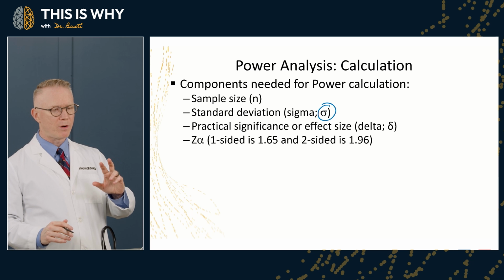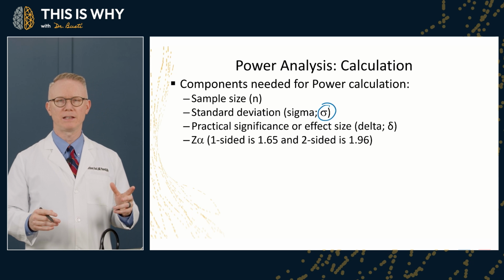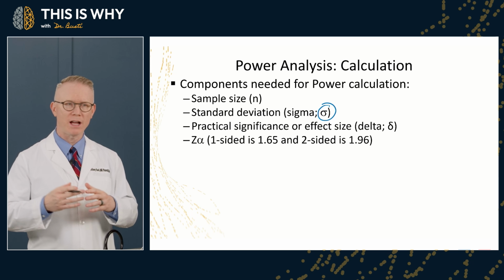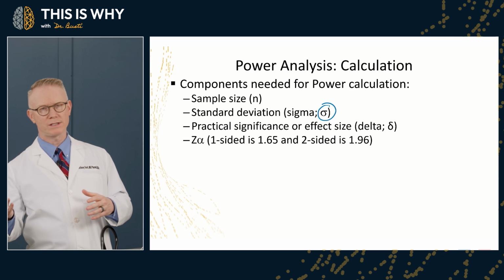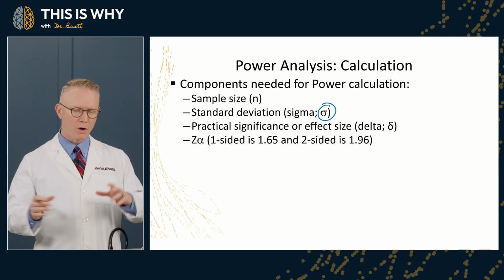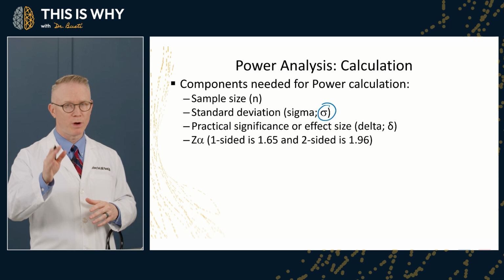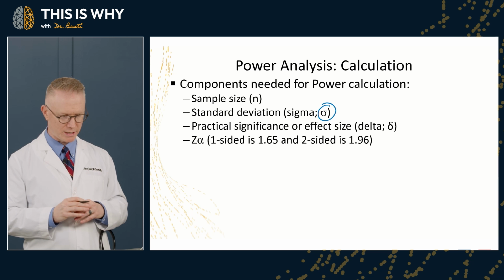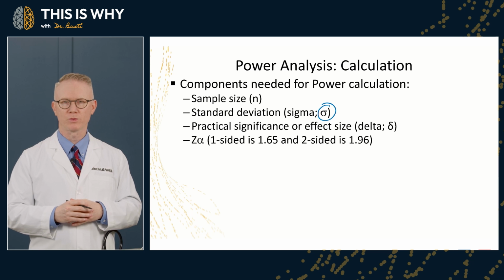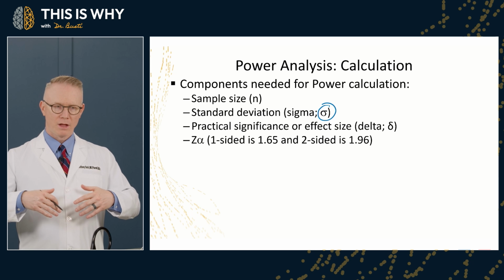Now, if you remember in the alpha lecture that I did, you have to put alpha in the context of the hypothesis. Is it a one-sided, or one-tailed, direction? Or is it two-tailed, which most well-done studies published in good journals with high impact factors are going to be?